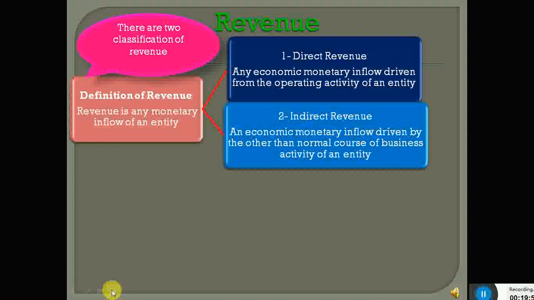Whereas the second classification is an economic monetary inflow derived from other than the normal course of business activity of an entity. It means a revenue that is derived from any other activity of the business.